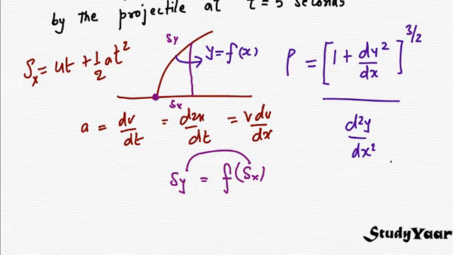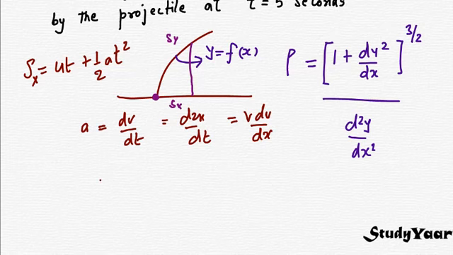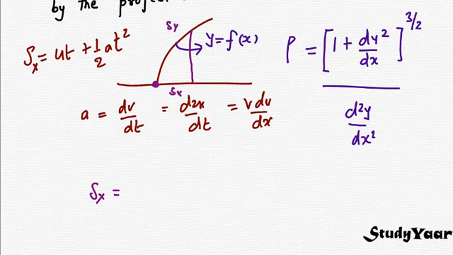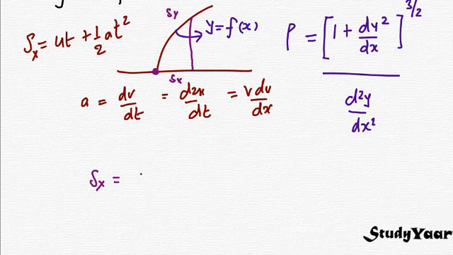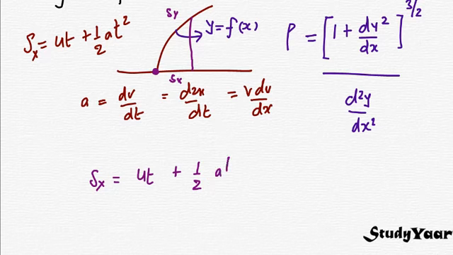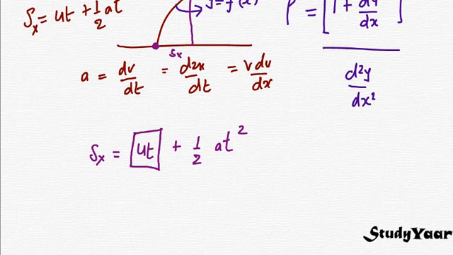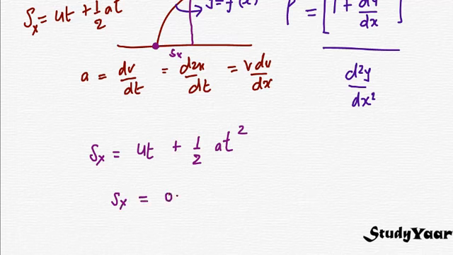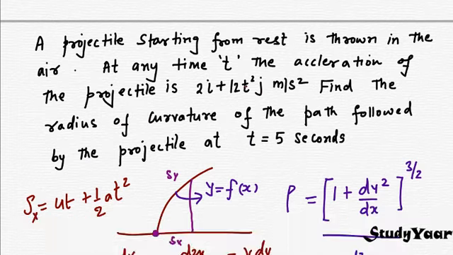First I am going to look for sx because it is a uniformly accelerated motion in that direction. Sx is going to be ut plus half at square at any given time t. Initial velocity is 0 since the body is starting from rest. Therefore sx is equal to 0 plus half, a is given as 2.